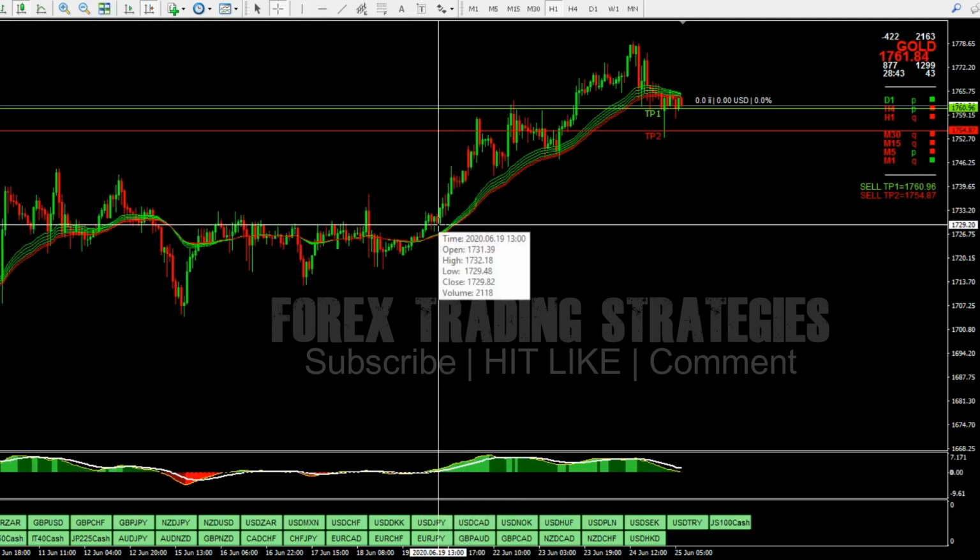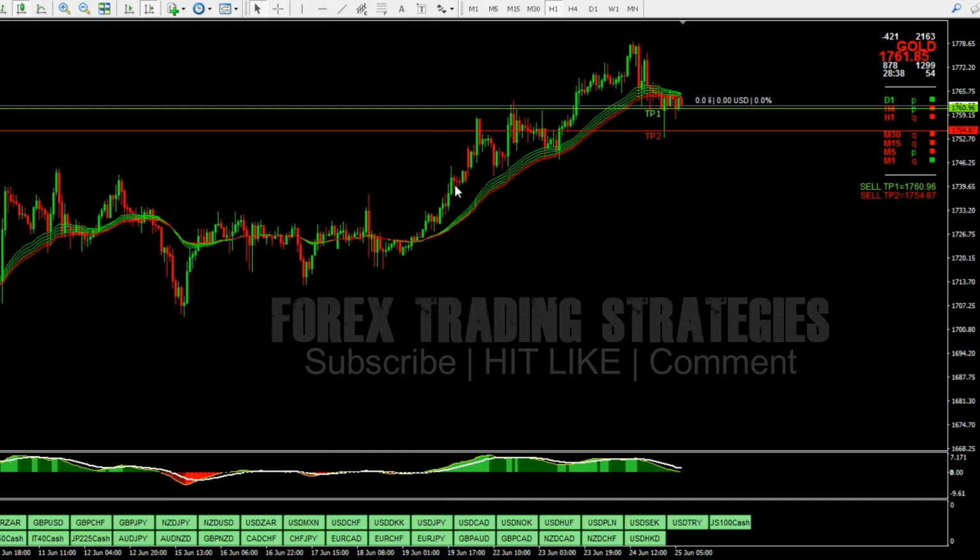Then you place a trade. Then you wait for 100 pips. You take out 90 to 95% of your trade. You leave the rest to run, and you put a trail stop on it. That's how you trade it. When the indicator is like this, don't enter the market.